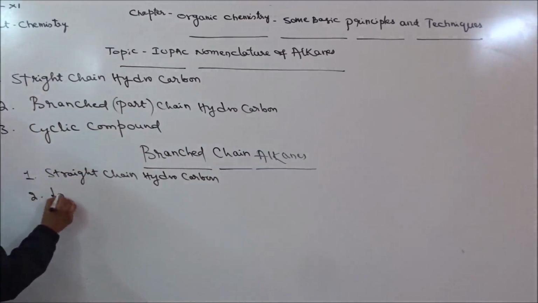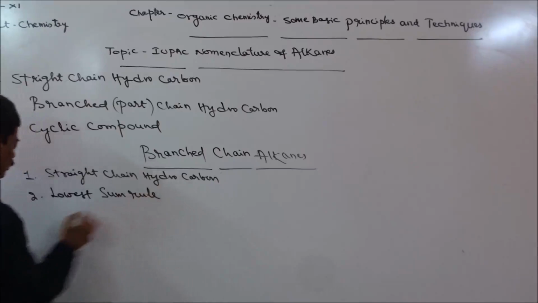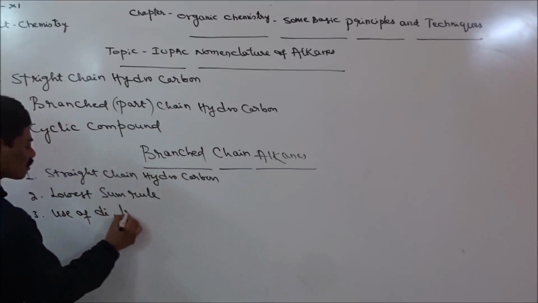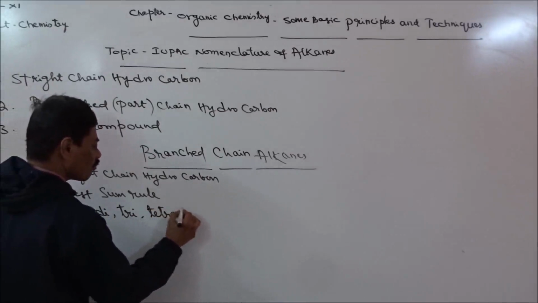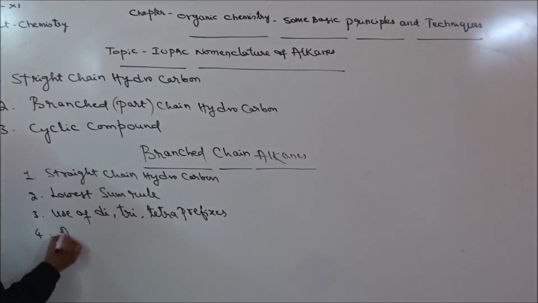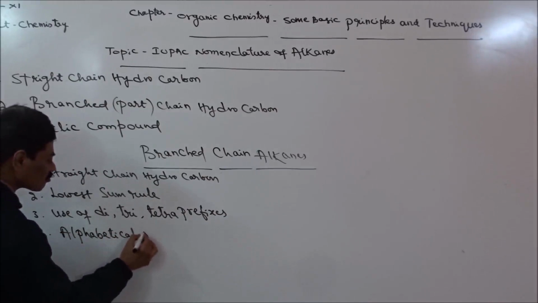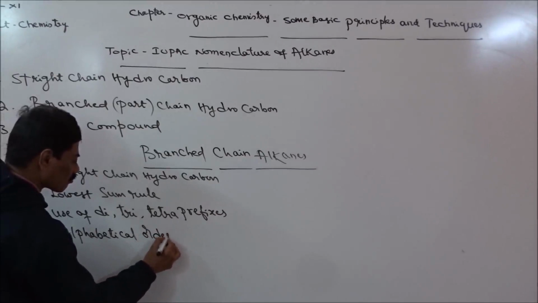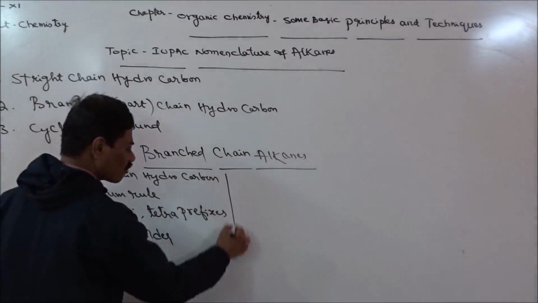Next, lowest sum rule. Number 3, use of di, tri, tetra prefixes. Number 4, alphabetical order. So these are the 4 rules. Now let us see these rules one by one.